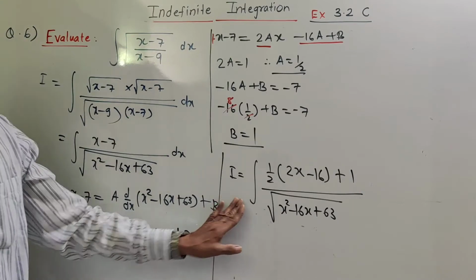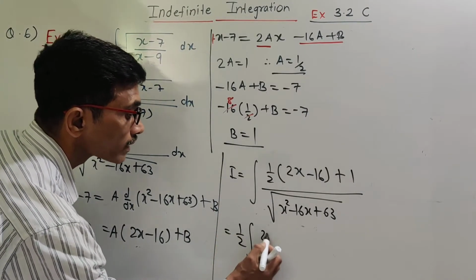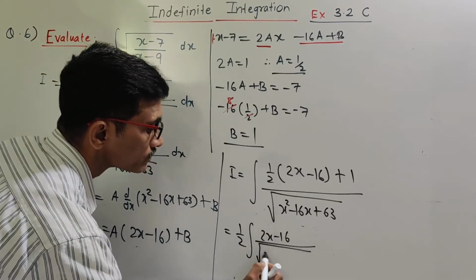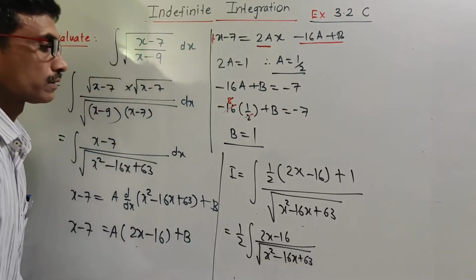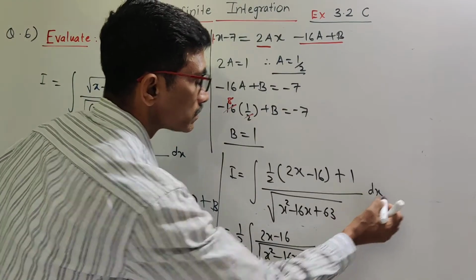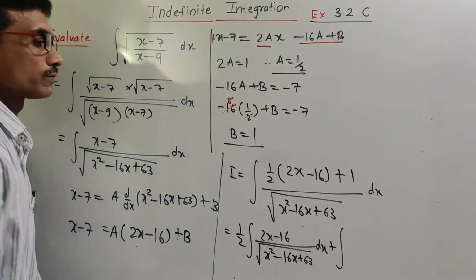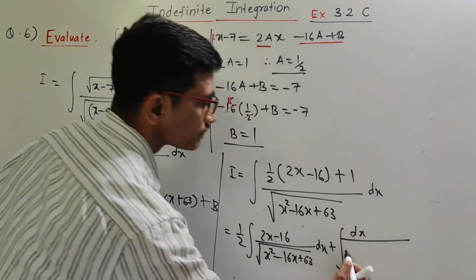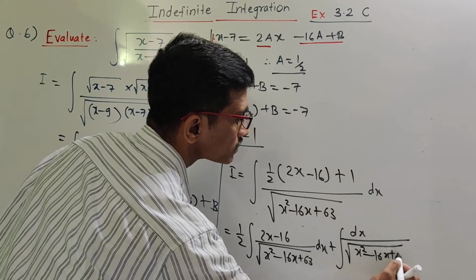Now separate it: 1 by 2 integral of 2x minus 16 upon root of x square minus 16x plus 63 dx, plus the integral dx upon root of x square minus 16x plus 63.